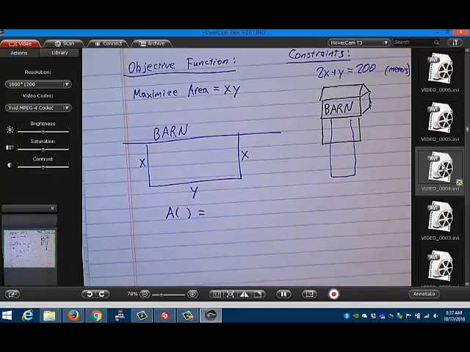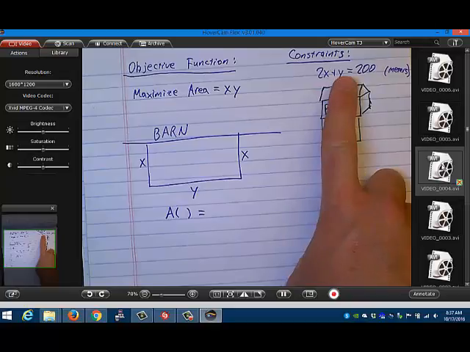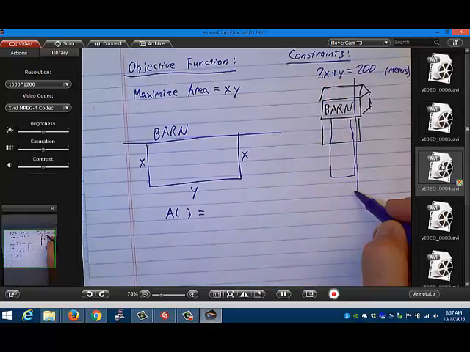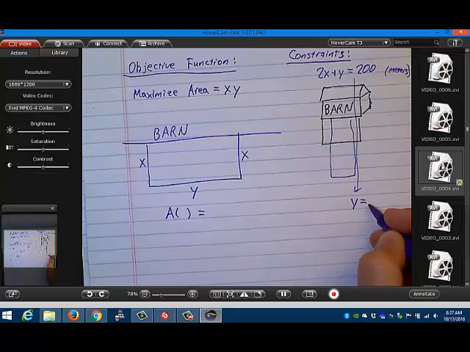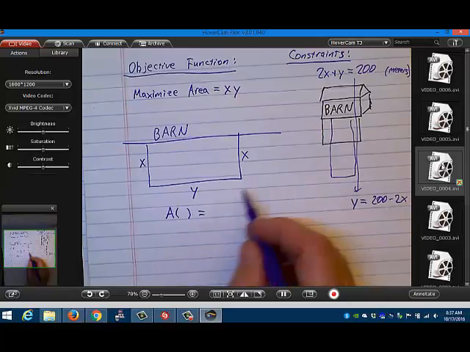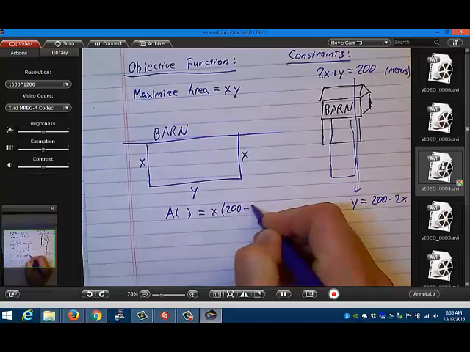Does this make sense? So what do you do now? You solve for a variable over here. In my mind, I would solve for the y. It's almost by itself. So y is equal to 200 minus 2x. And so the function you want to maximize would be x times (200 minus 2x).